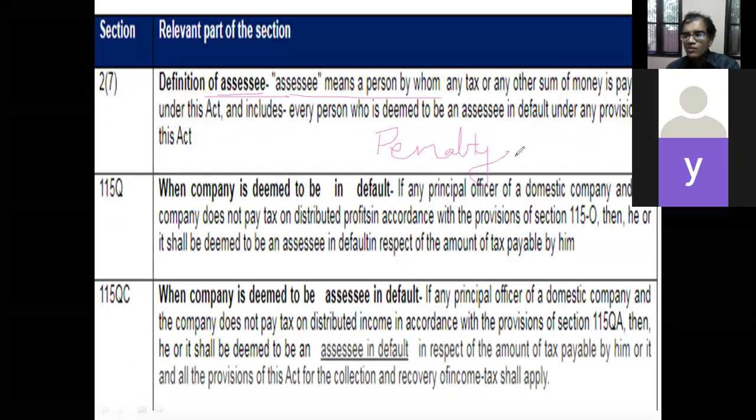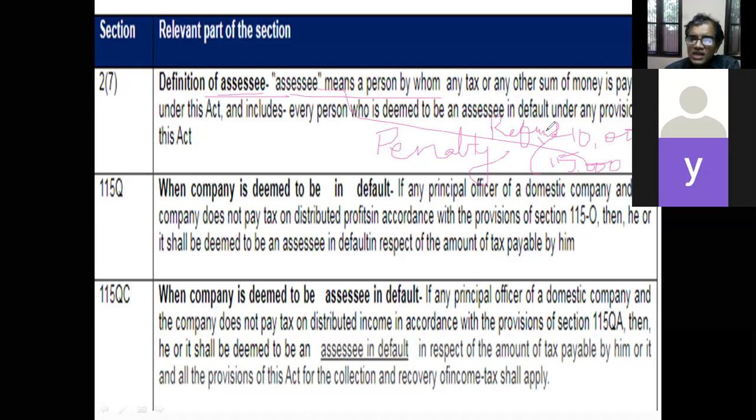Okay. Not only that, for a particular person, if any tax refund is also there, suppose he has to pay this year only 10,000 rupees as tax to the government, but mistakenly he has calculated and paid 15,000 instead of 10,000. So he has to get a refund of 5,000 from the tax authorities. So in that case also he is known as assessee.